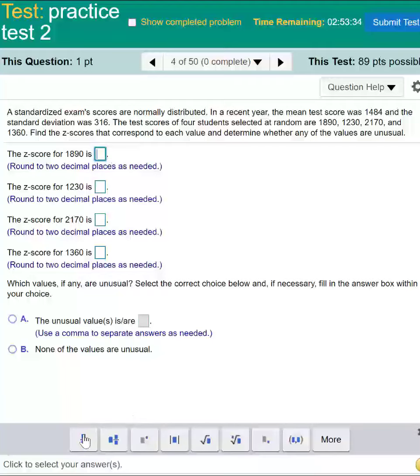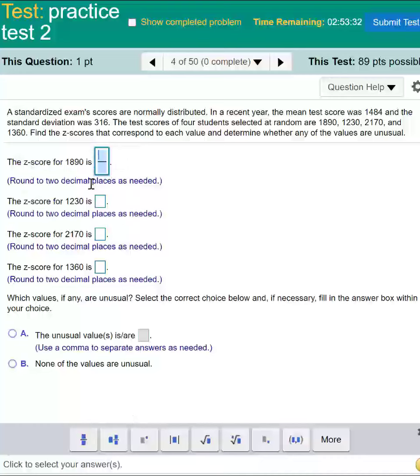So we'll just put the fraction here. The value, which is 1890, minus the mean, which is 1484. And then you divide by the standard deviation, which is 318.